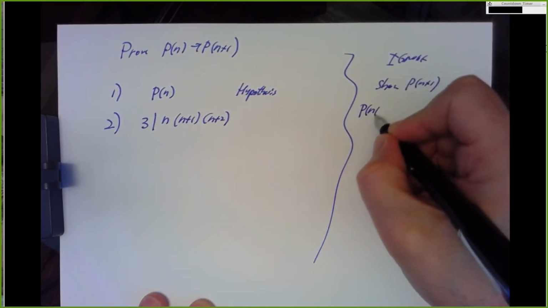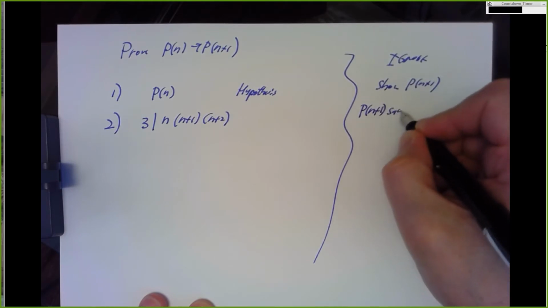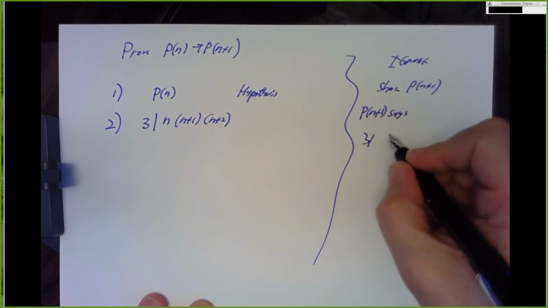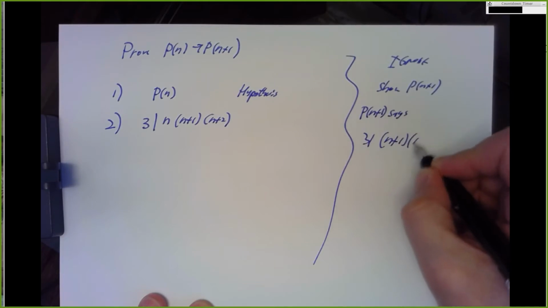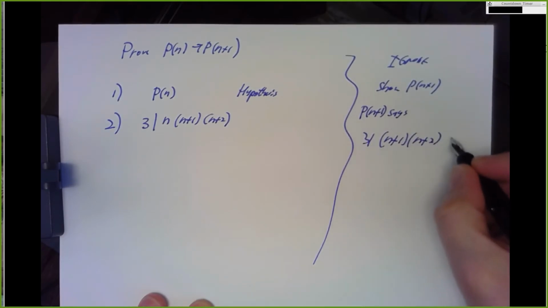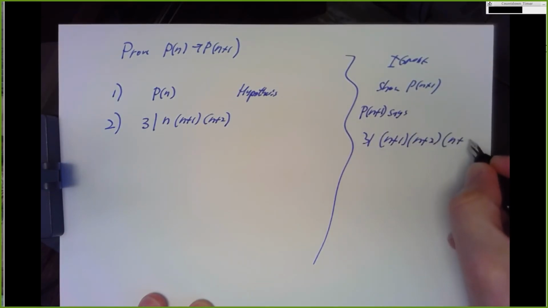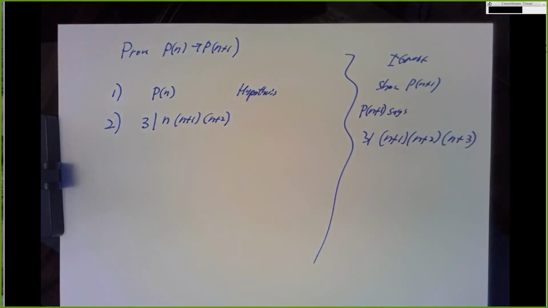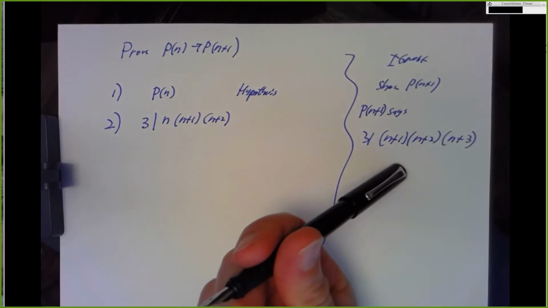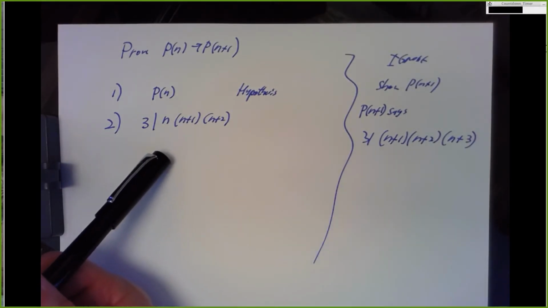Well, what does that say? P of n plus 1 says 3 divides n plus 1 times n plus 1 plus 1 times n plus 1 plus 2. So 3 divides that. So this is what I'm trying to get to. This is all that I know.